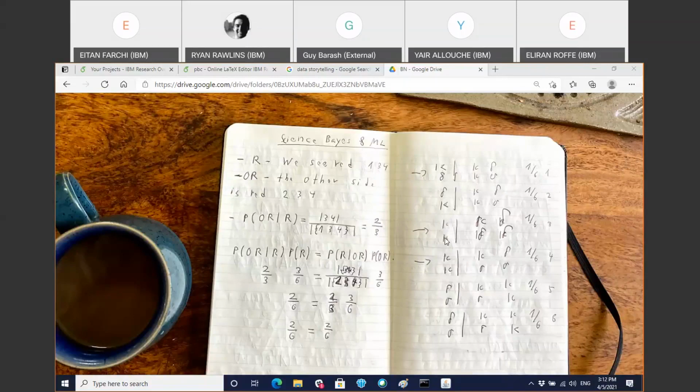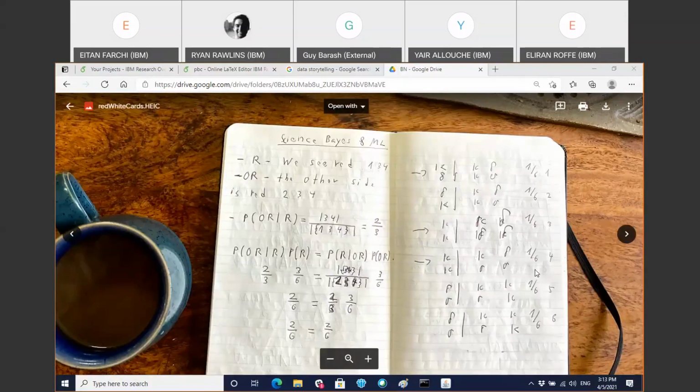So it's 1/6 plus 1/6. So it's 2/3. It's 1/3. Sorry, 2/6, 1/3. Okay. So we have 6 cases here. Each one of them has a probability of 1/6.